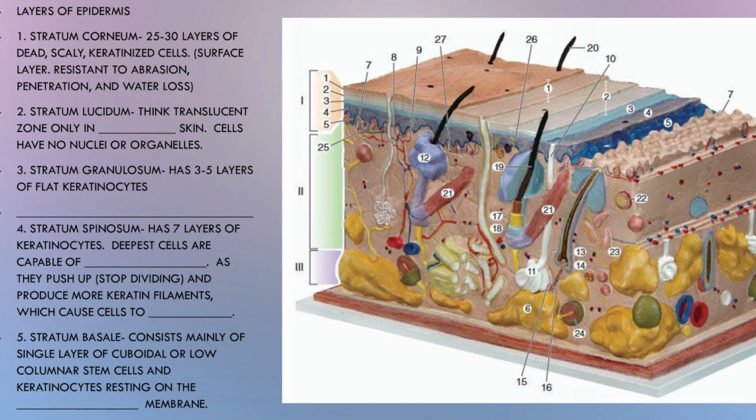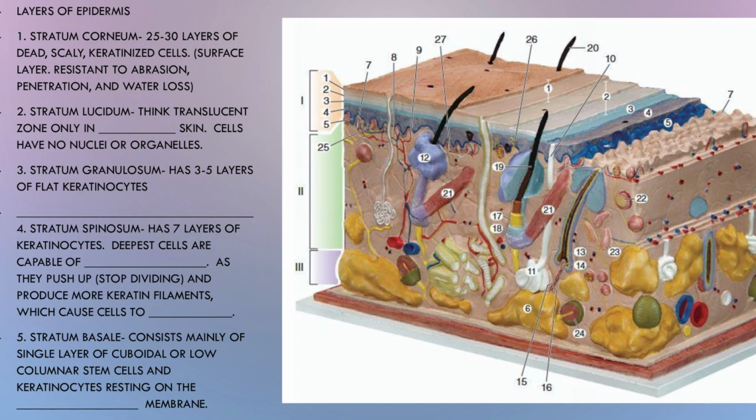Mitosis produces only the body cells, while meiosis produces sex cells, like your eggs and your sperm. So the deeper cells of the stratum spinosum can continue to divide and produce new skin cells. As these cells are pushed up, they will eventually stop dividing and begin producing more keratin filaments.